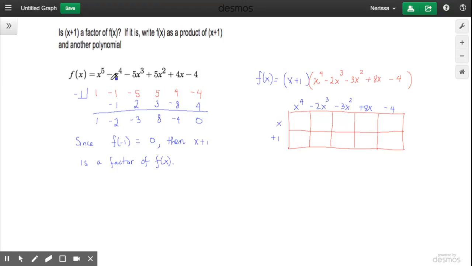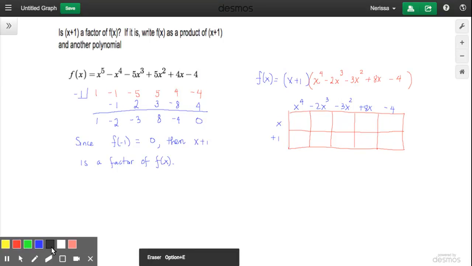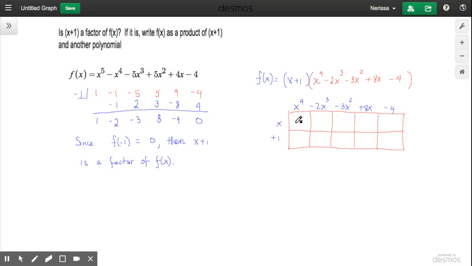Are we going to go back to this? So let's find out. Okay, so x times x to the fourth is x to the fifth. X times negative 2x cubed is negative 2x to the fourth. X times negative 3x squared is negative 3x cubed, plus 8x squared, minus 4x.